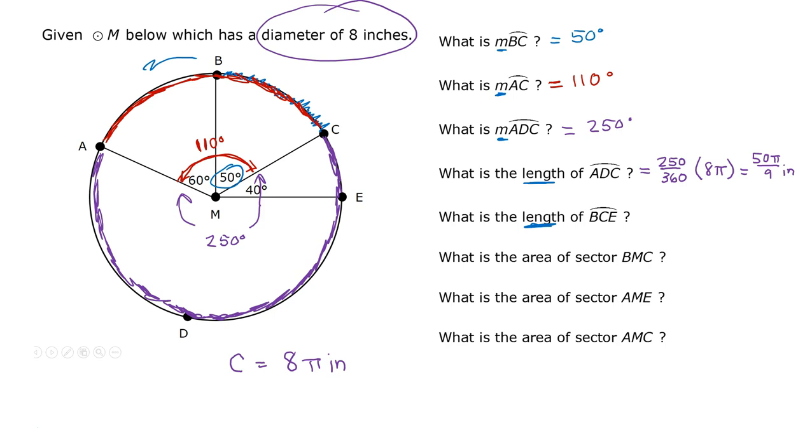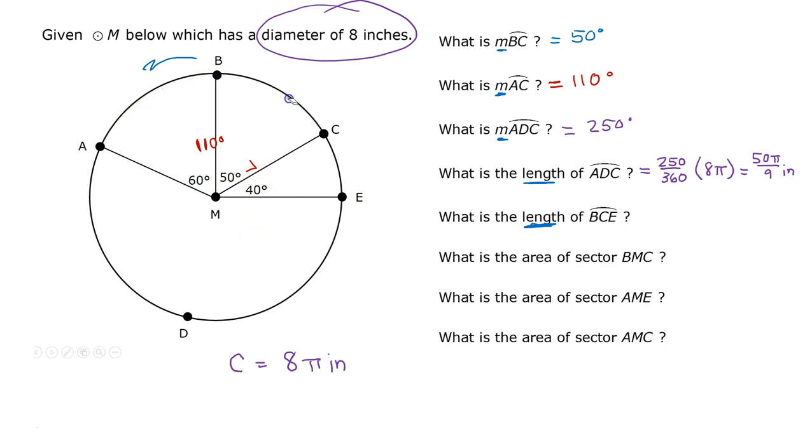The length of BCE. So let me erase some of this stuff here because it's kind of superimposing on itself. That's why, if you're doing this, you should definitely redraw the figures. So the arc we're looking for here, BCE.